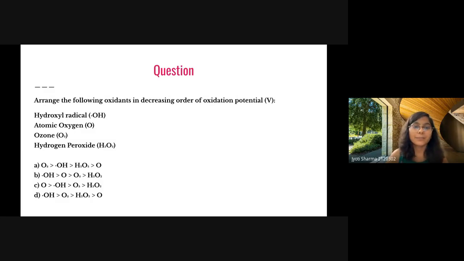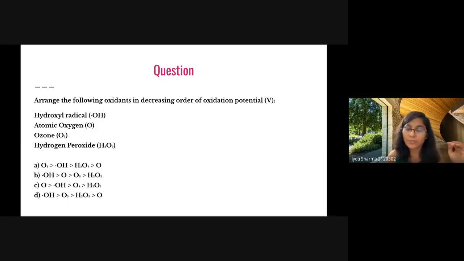Okay. So arrange the following oxidants in decreasing order of oxidation potential. Which oxidant has very strong oxidation potential, and which has low oxidation potential? You have four oxidants here: hydroxyl radical, atomic oxygen, ozone, hydrogen peroxide.